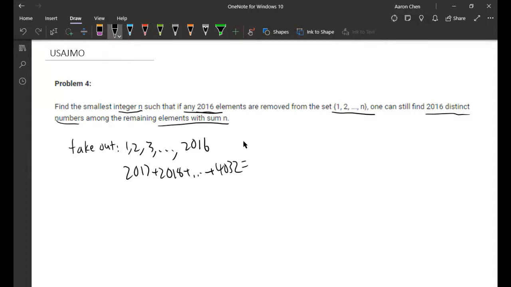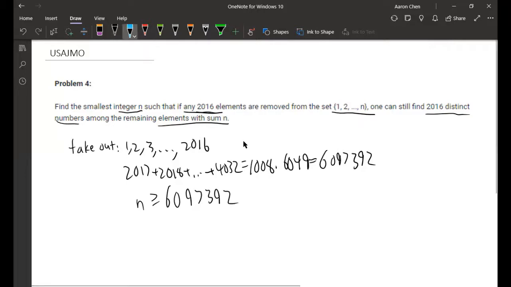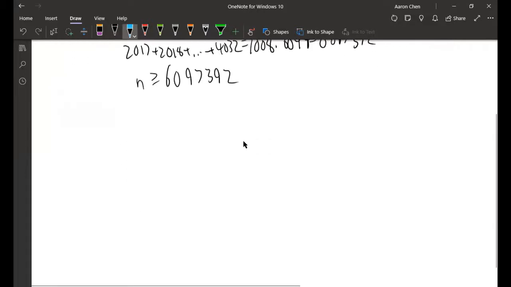And we can see that this sum is simply just 1008 times 6049, or 6,097,392. And so that means that n must be at least 6,097,392.